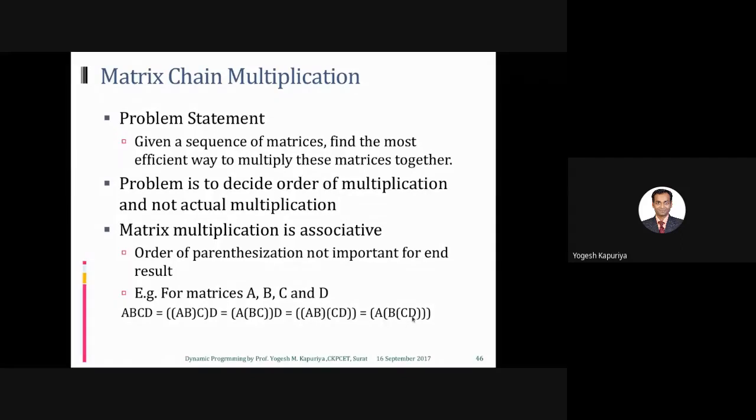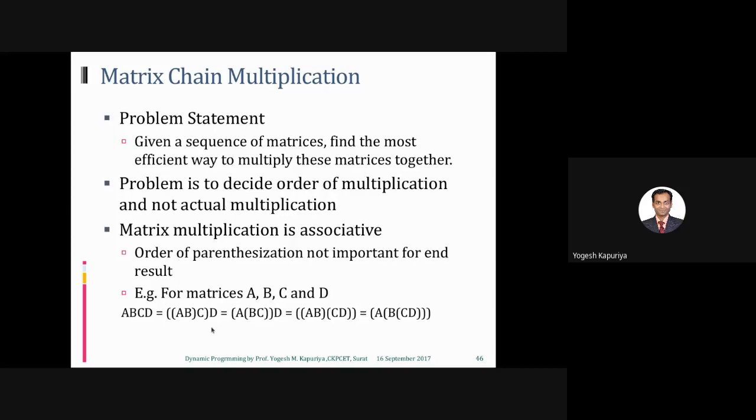And finally, the last way is you multiply C and D, then you multiply that with B, and then you multiply that with A. So these are the 4 ways to perform ABCD. And interestingly, the result is the same because matrix multiplication is associative. So ideally, it should not make any change, whether you go this way or this way or this way or this way.